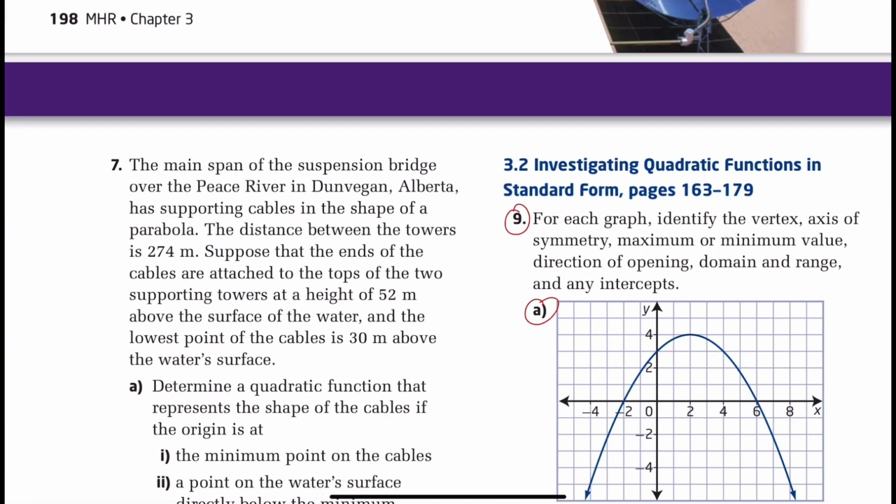The whole distance between the two towers is 274, and the height is 22. So your vertex will be at 137 and 22.